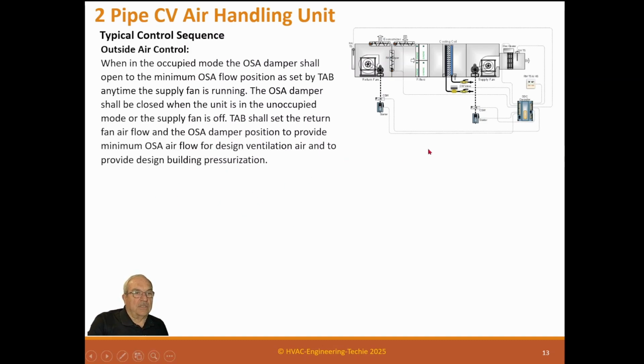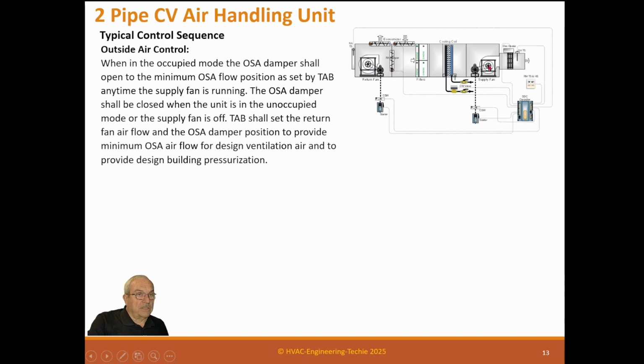So now none of these are VAV. These are all constant volumes, so this has to be set up by the balance contractor. What we want is for the pressure in the room to be just slightly positive. We don't want to blow the doors open, and we don't want it negative. We don't want to suck dirt and debris into the building.